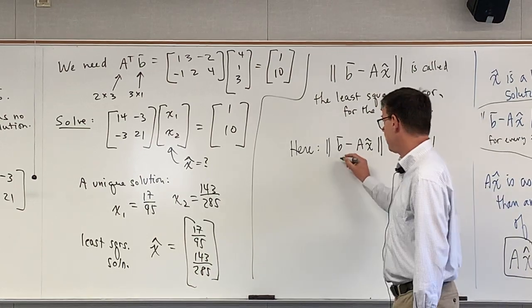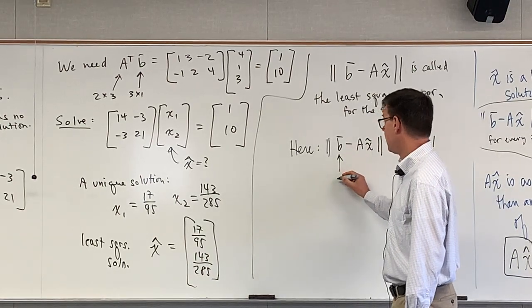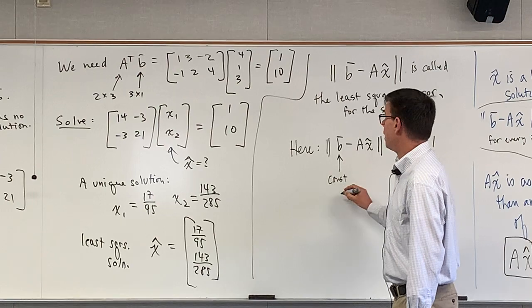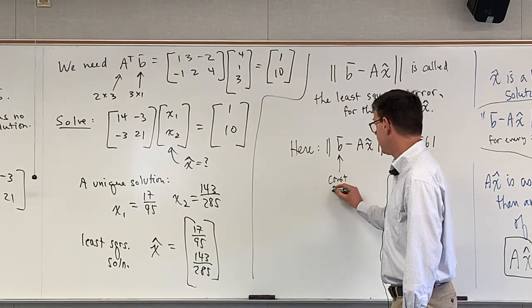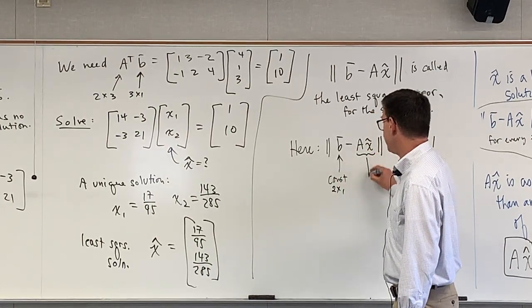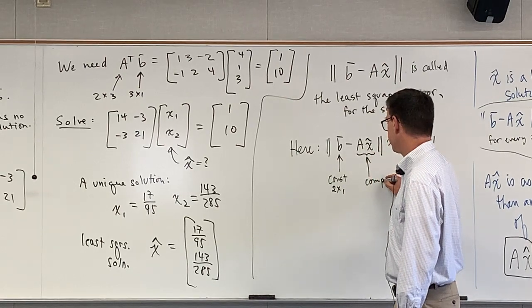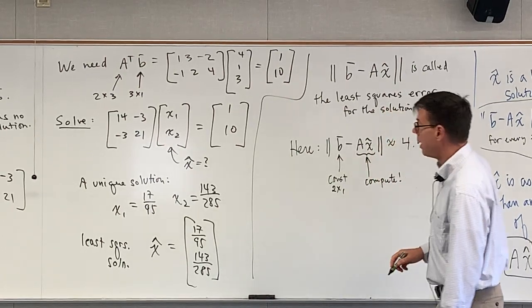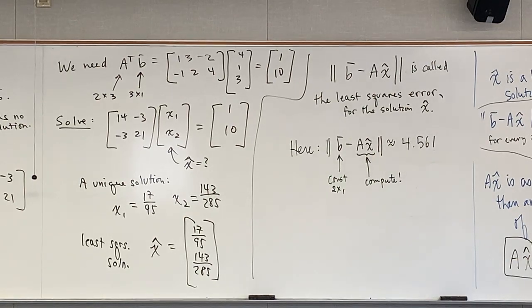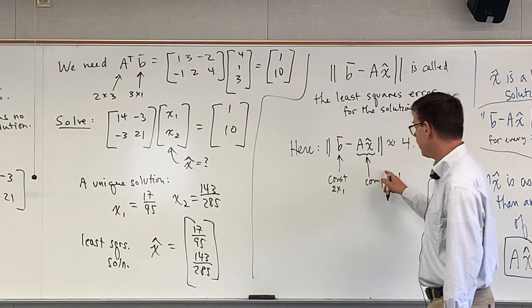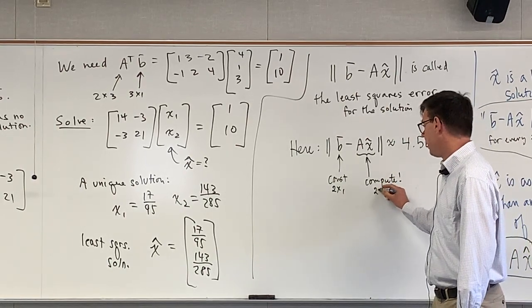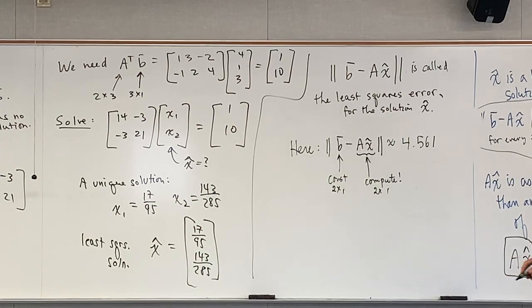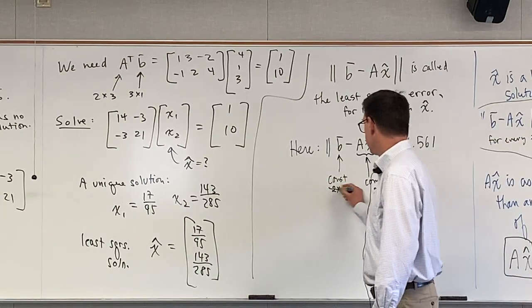So you can plug in, because this is constant. AX hat we have to compute. We don't have AX hat appearing anywhere in this calculation, so you would have to compute it. AX hat is 3 by 1.